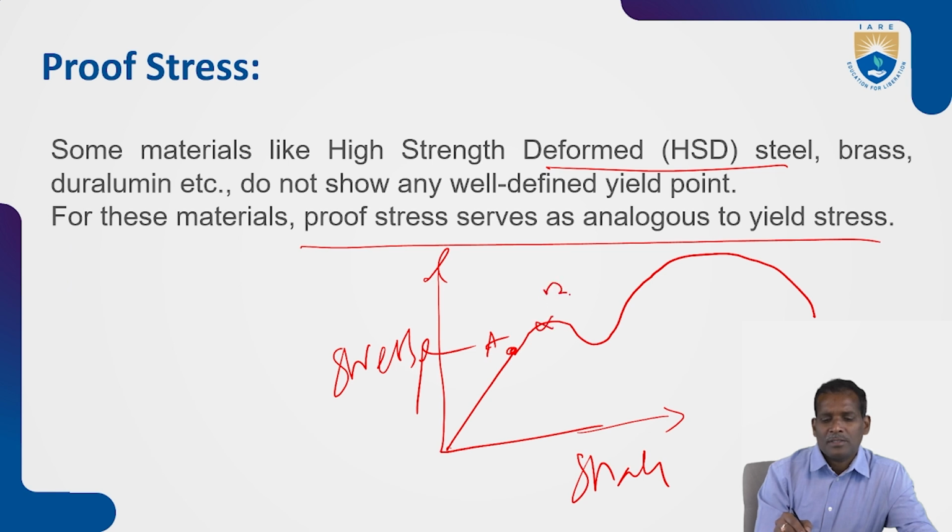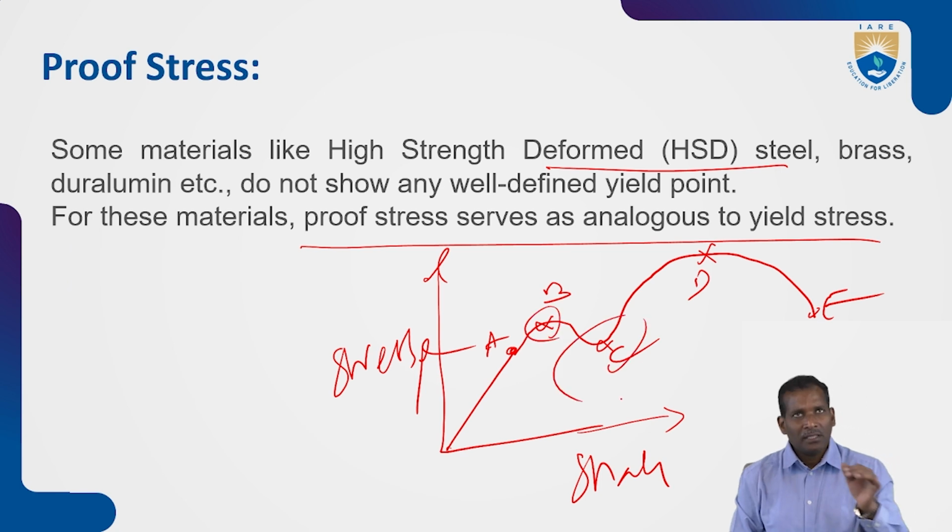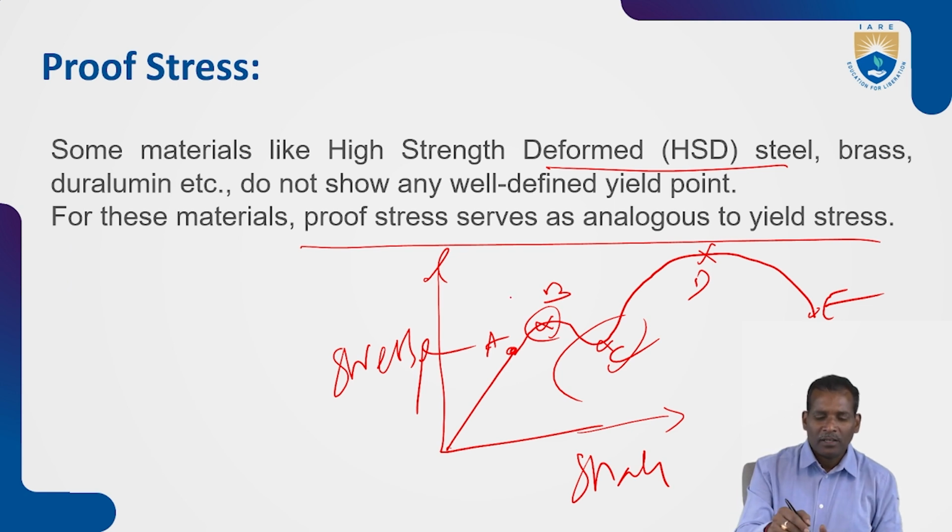So these are points B, C, D, and E. As you know, this is the upper yield point and lower yield point. But some materials like HSD steel, brass, and duraluminum do not show a well-defined upper yield point and lower yield point.